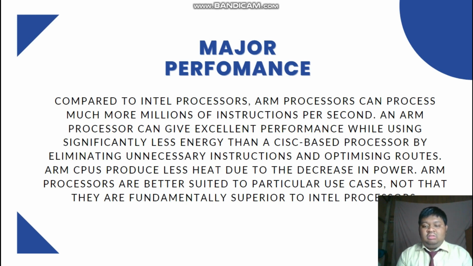Compared to the Intel processor, an ARM processor can process many more millions of instructions per second. An ARM processor can give excellent performance while using significantly less energy than a CISC based processor by eliminating unnecessary instructions and optimizing routes. By doing so, the ARM CPU produces less heat due to the decrease in power.